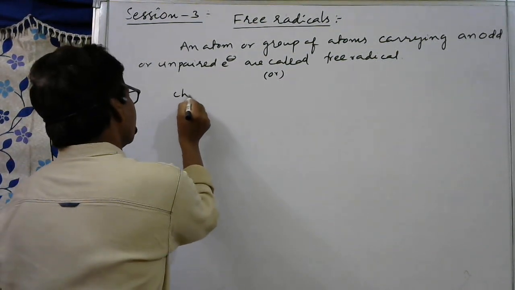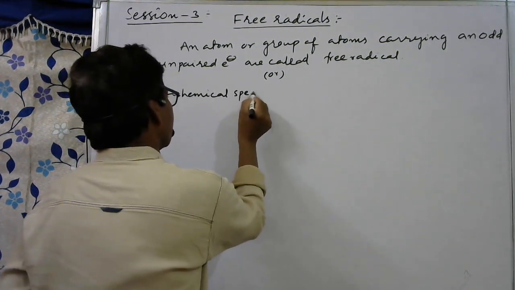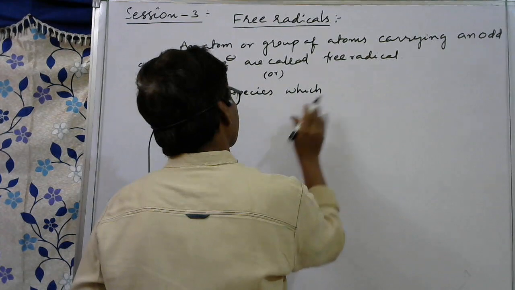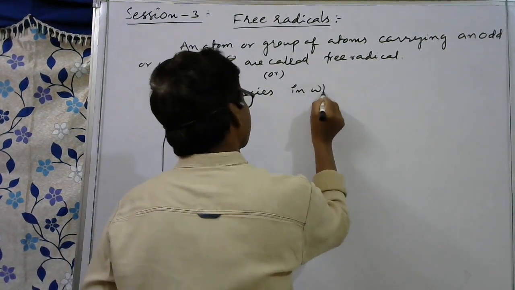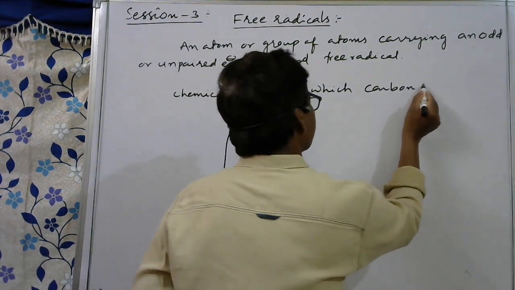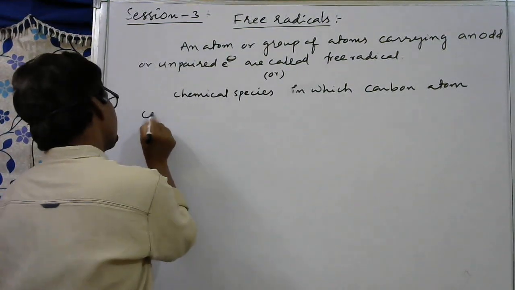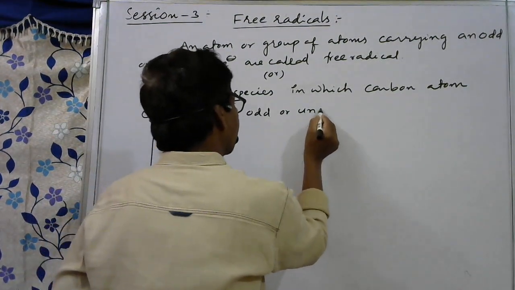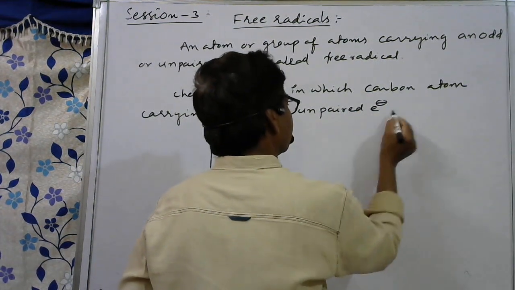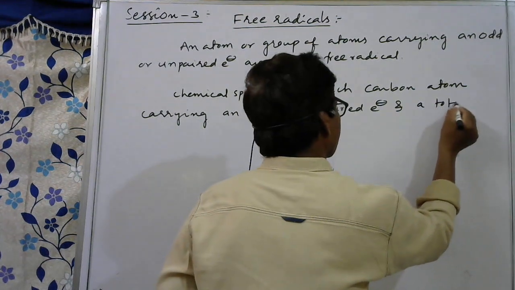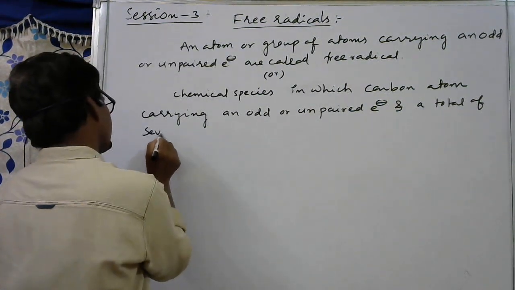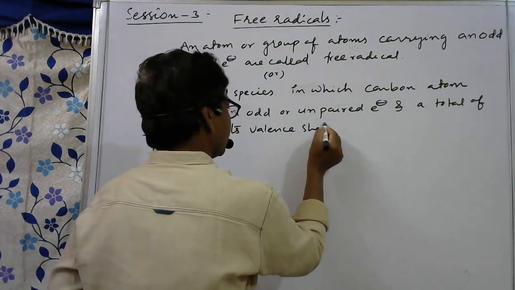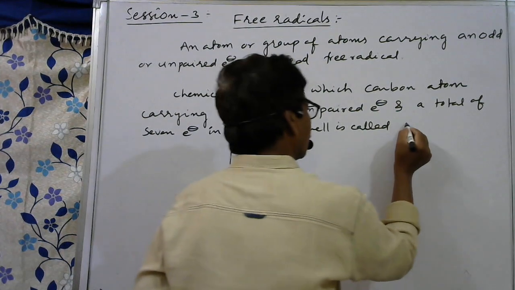In this way, you can write: a chemical species in which a carbon atom carries an odd or unpaired electron and a total of 7 electrons in its valence shell is called a carbon free radical.